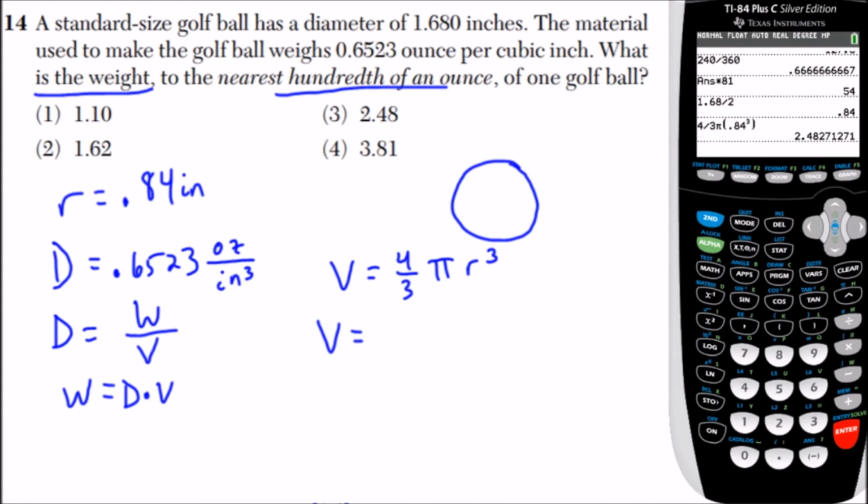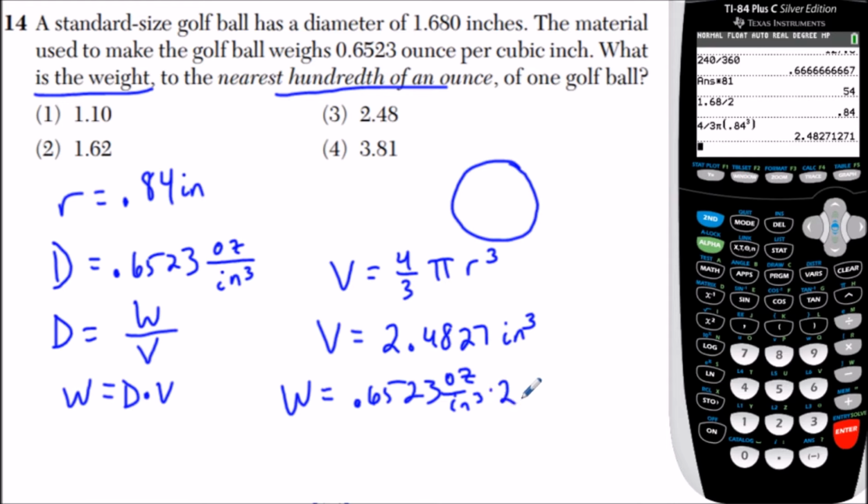So then when we want to find the actual weight of the ball, now we just multiply. The density is 0.6523 ounces per cubic inch, and we're just going to multiply that by our answer over here, the 2.4827 cubic inches.